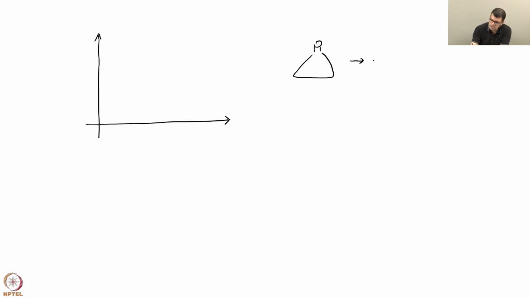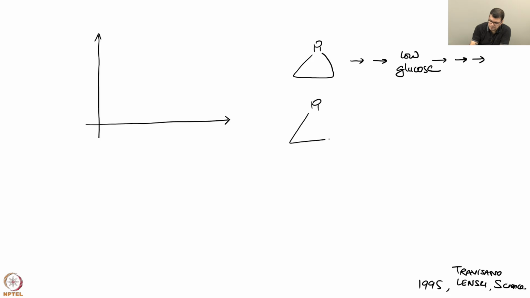So, populations are being evolved in a low glucose environment, and this is a paper that was published in 1995 by Travisano and Lenski in Science. So, the populations are being evolved in glucose and there are 12 such populations. That is the design of the long term evolution experiment.